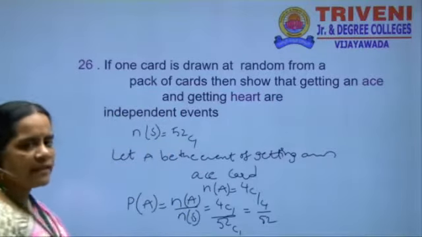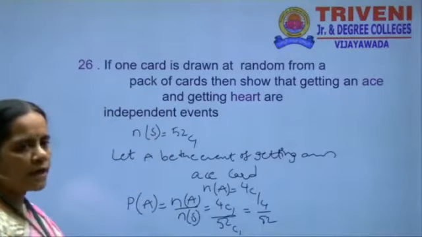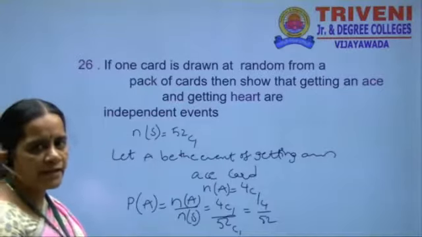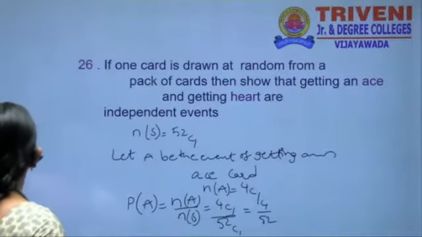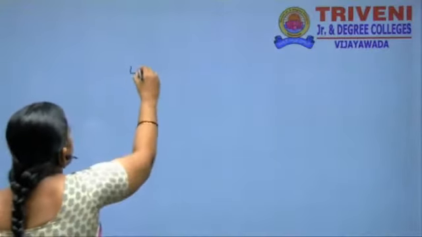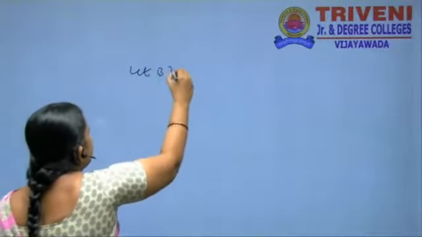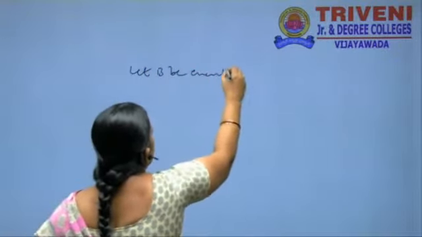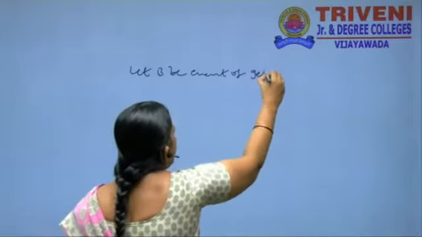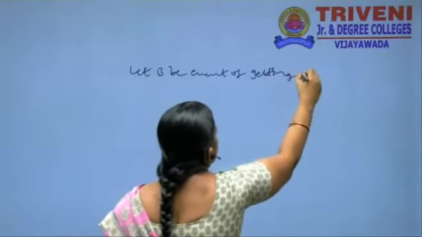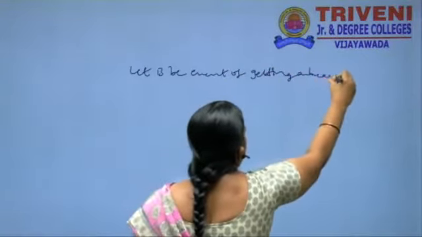Next, B is the event of getting a heart. How many hearts are there here? 13. Let B be the event of getting a heart card.